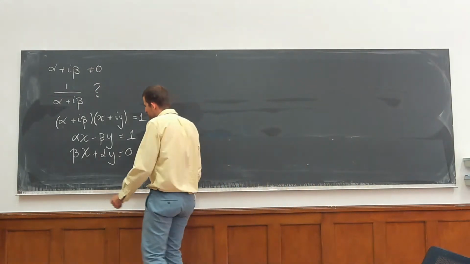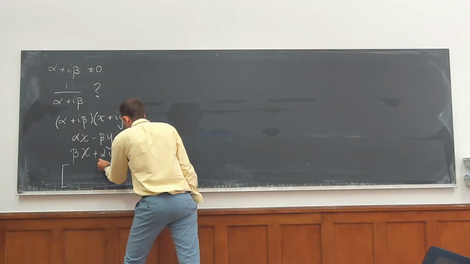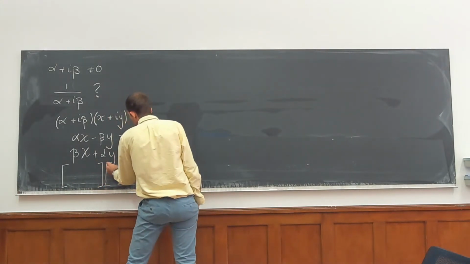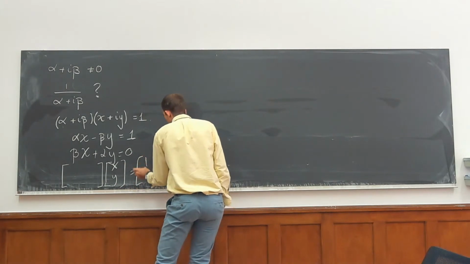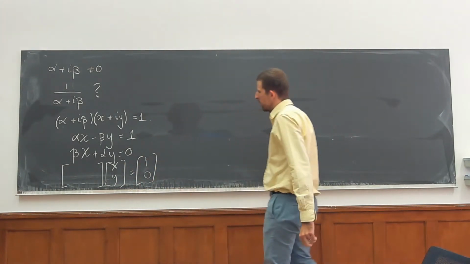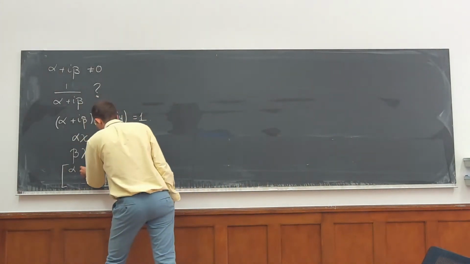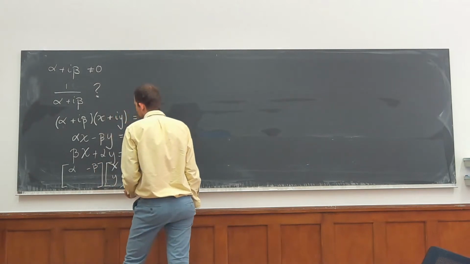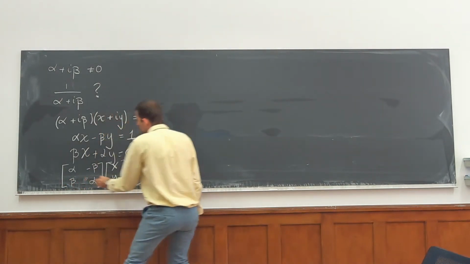We can write this as a matrix. So what goes there? We have alpha, minus beta, then beta, alpha.